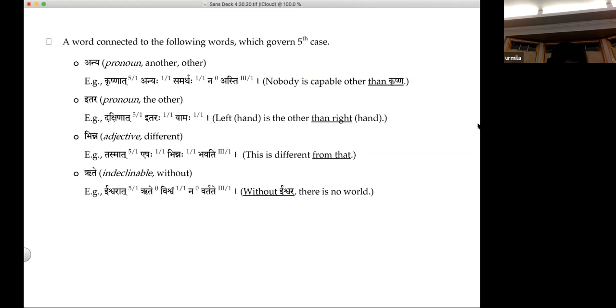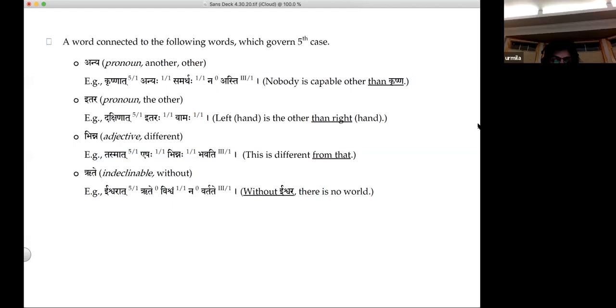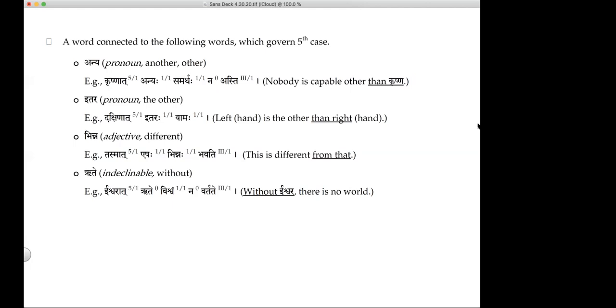And how do you decline Brahmana in the sixth case, plural? So sixth case, plural. Brahman or Brahmana? Brahmana. Let me just think about that for a second.